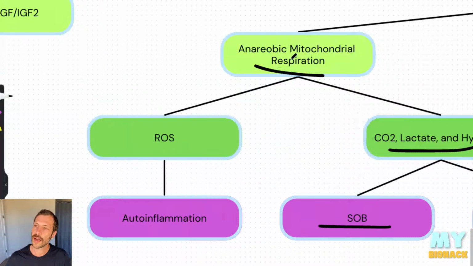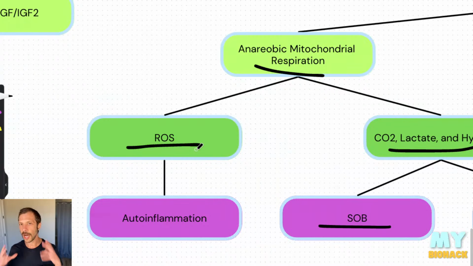This anaerobic mitochondrial respiration also creates a lot of reactive oxygen species. Reactive oxygen species are essentially just oxidative stress. They are very excitable. They can connect, they can damage things right away. That's what it means by reactive.